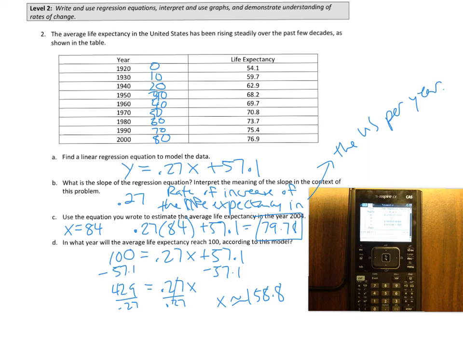And if this is supposed to be the year, that means 158 years after 1920. So if we add 1920 plus 158, it would actually be the year 2078.